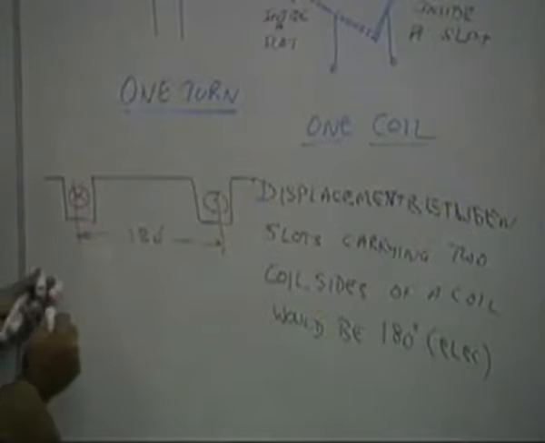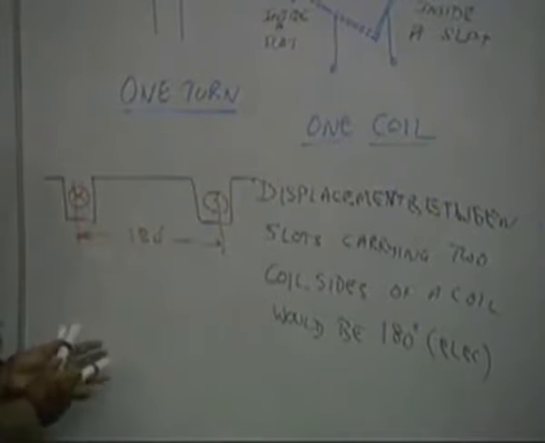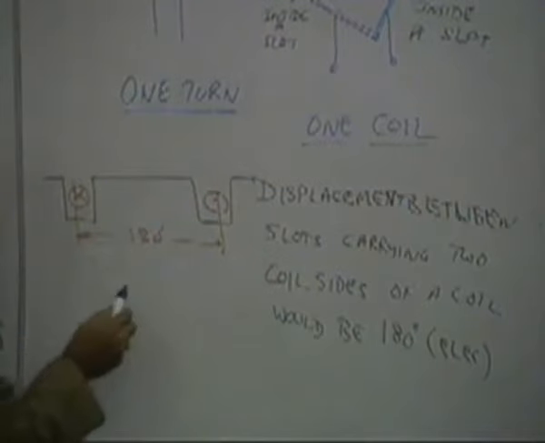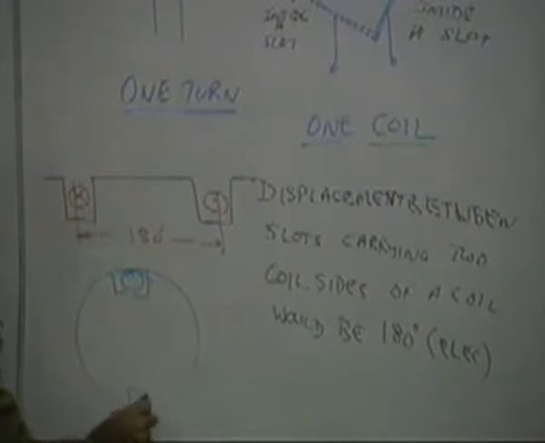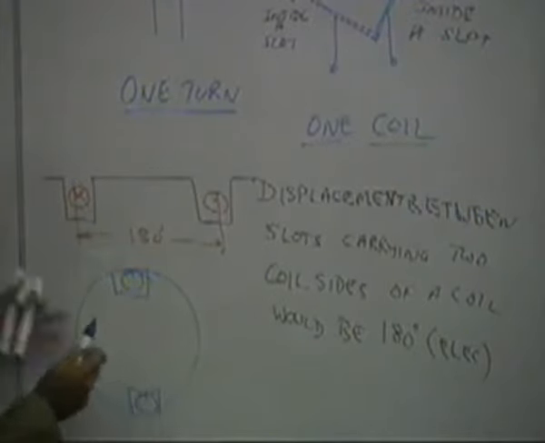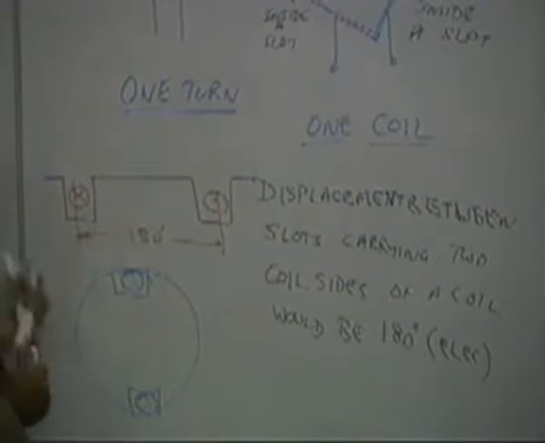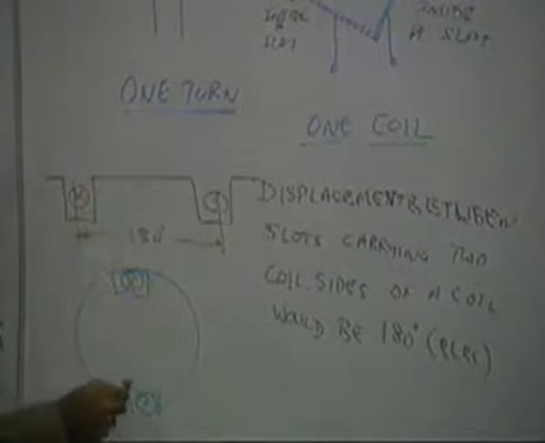Or if you draw it in a cylindrical fashion, there will be one coil side here and another coil side here, this going in and this coming out.